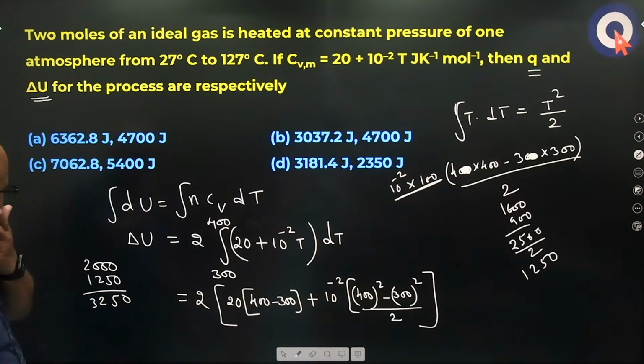So what is this? T square by 2, 400 square minus 300 square, 1600 minus 900, so 25.